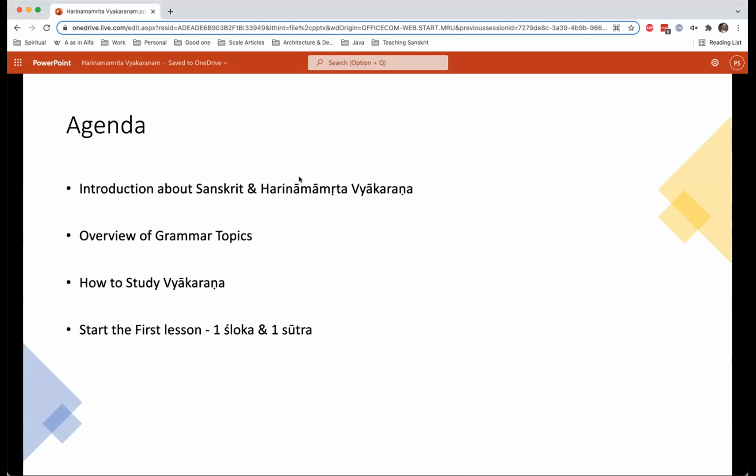Okay, let's delve into today's agenda. First we will look at what is grammar in itself, what are the different types of grammars that are available, what exactly Vyākaraṇam means, and then we will see an overview of different grammar topics and how we should study Vyakarana. This is very important.